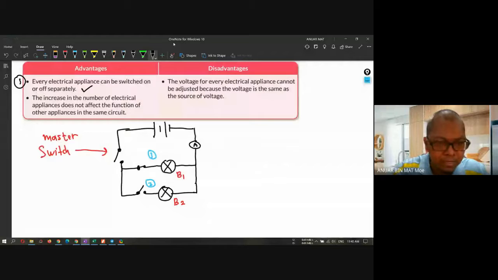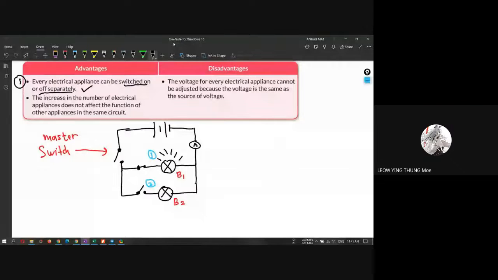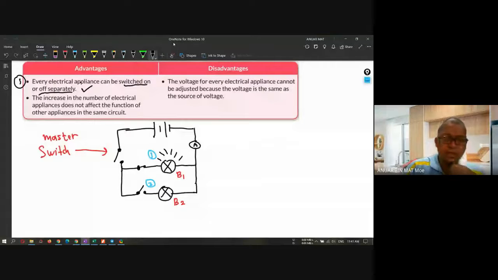So now bulb 1 is on and then bulb 2 is off. This is what we call that every electrical appliance can be switched on or off separately. You understand it? Can, class? Okay, very good.